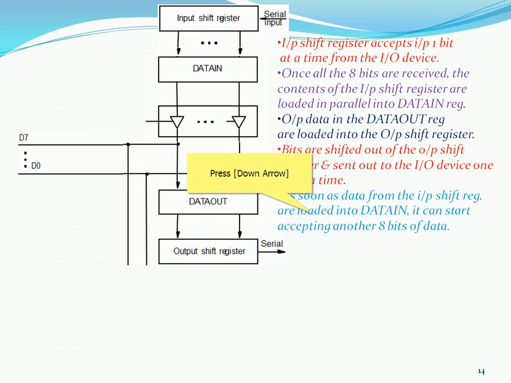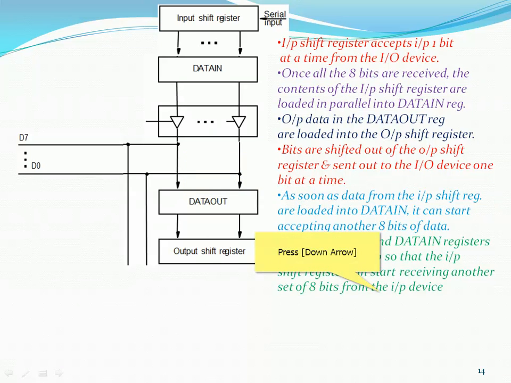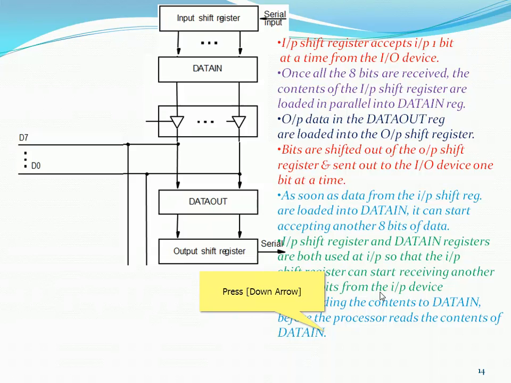As soon as the data arrives and the input shift register contents are loaded into data in, it can start accepting another set of bits. As soon as the 8-bit data is received, it starts receiving the next 8-bit data one by one; receiving is bitwise and sending is bytewise. So the input shift register and the data in register are both used so that the input shift register can start receiving another set of 8 bits from the input device after loading the contents to data in, before the processor reads the contents of data in.